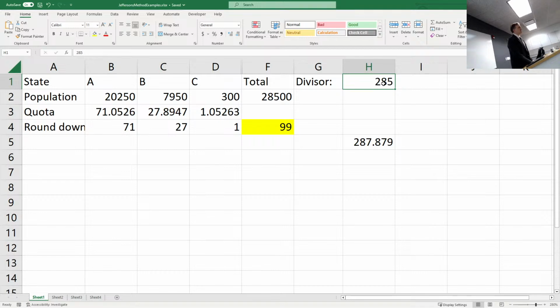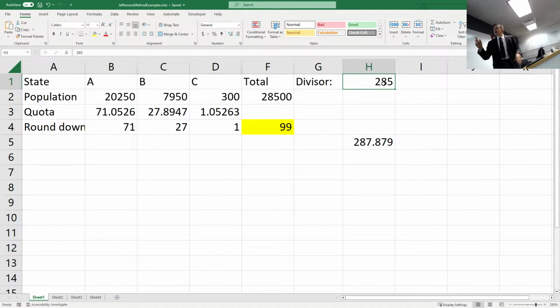Because of this, it was only used a few times: the very first apportionment in 1790, the second apportionment in 1800, and I think that was it. I don't think it was used after that because of this seeming unfairness. It was pretty obvious that the bigger states always benefited from Jefferson's method, and smaller states didn't work out as well.